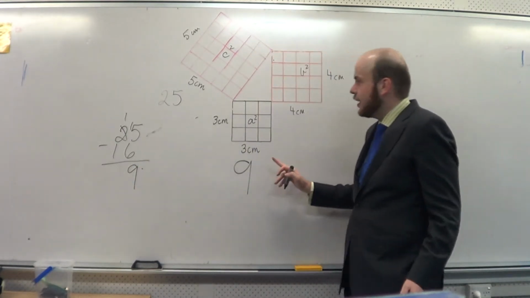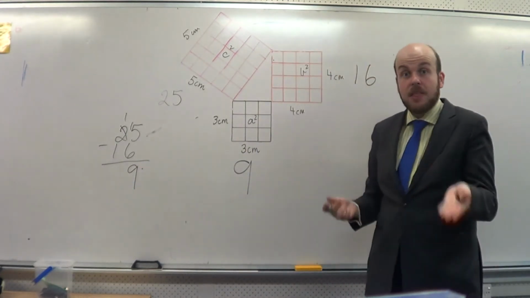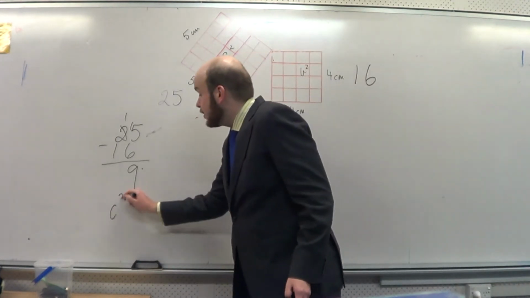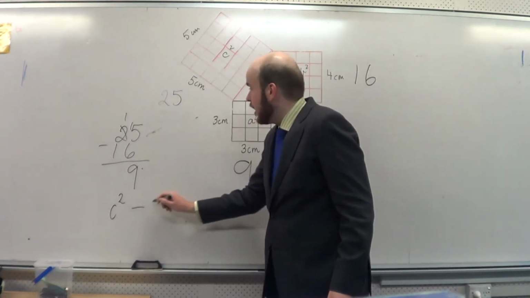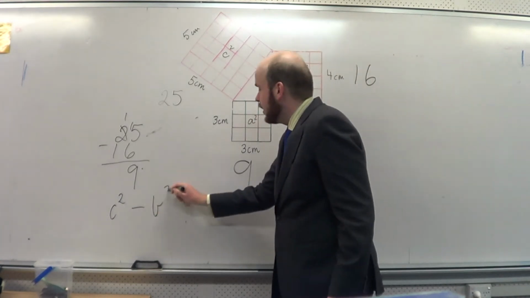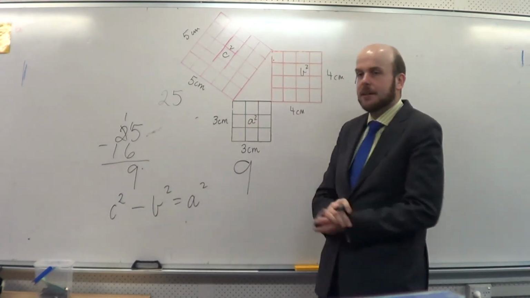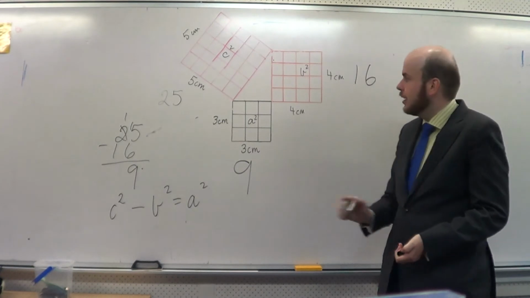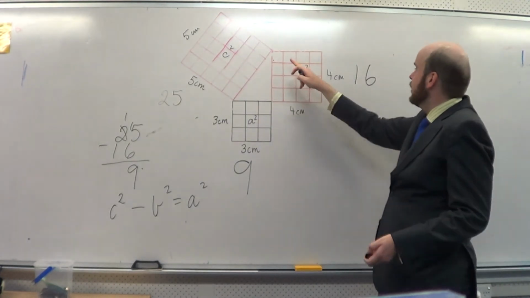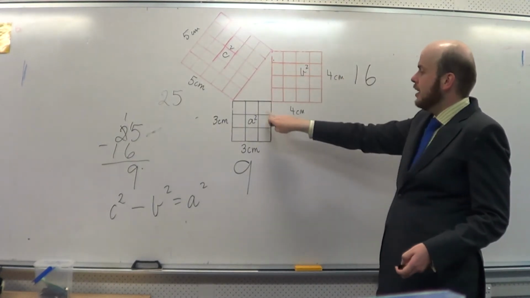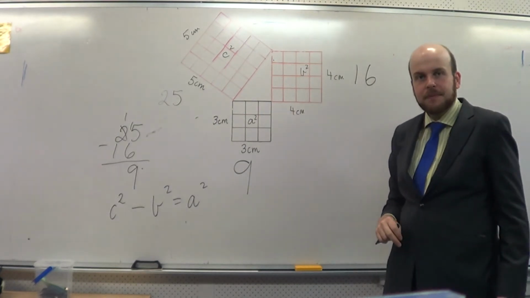In other words, c squared take away b squared is equal to a squared. See? This area here, take away that area there, is equal to this one.